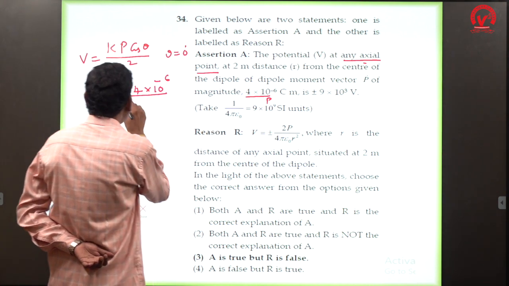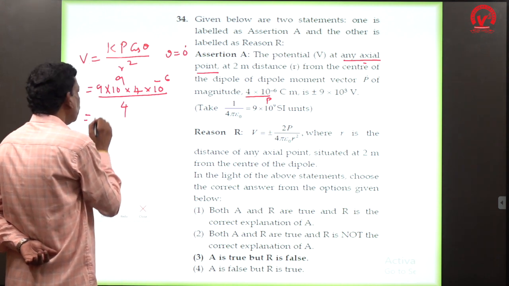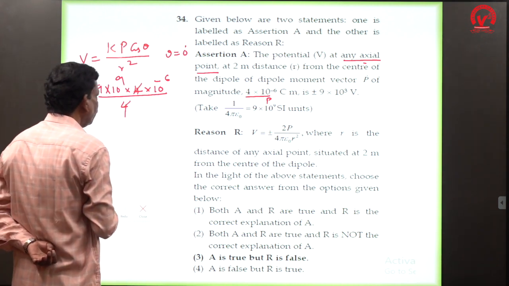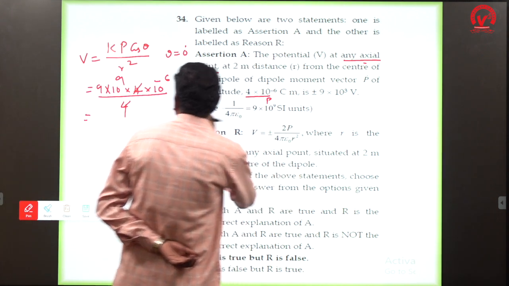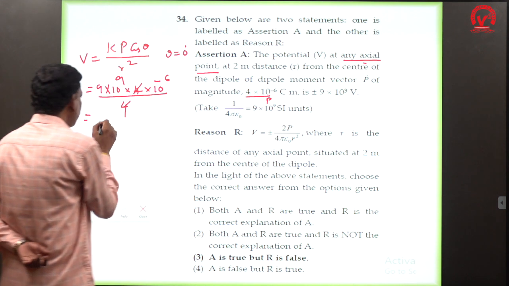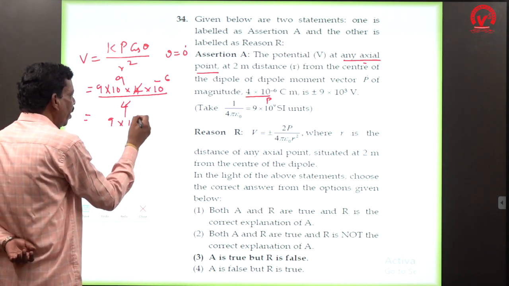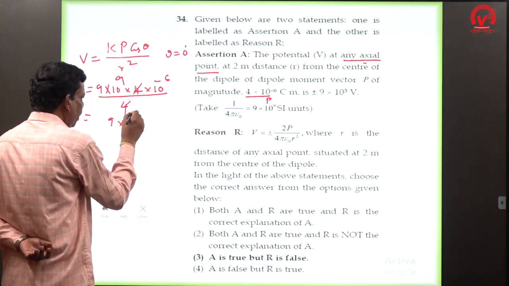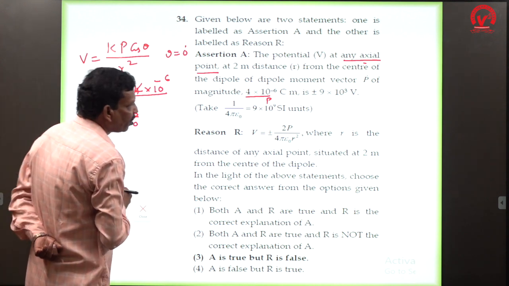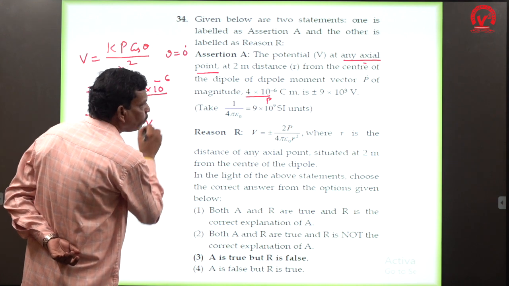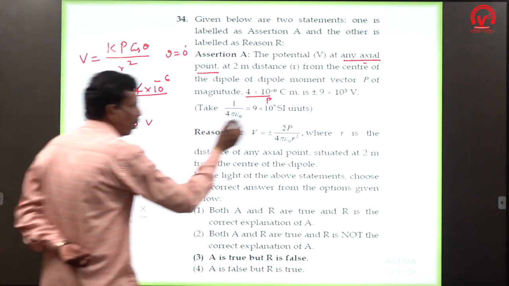They gave 2 meter, so take 4. If 4 gets cancelled, what do you get? 9 into 10 power 3. Yes, 9 minus 6 is 3. So plus 3 volt. We get the correct answer here.